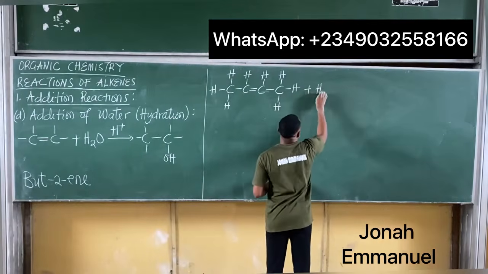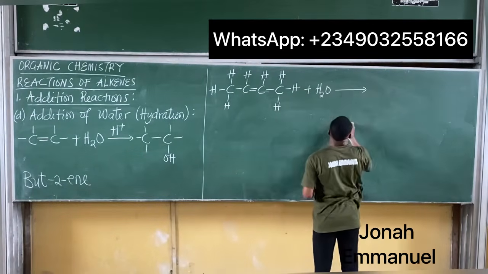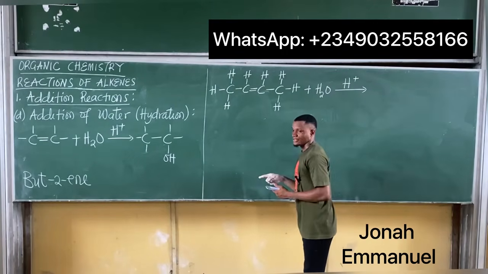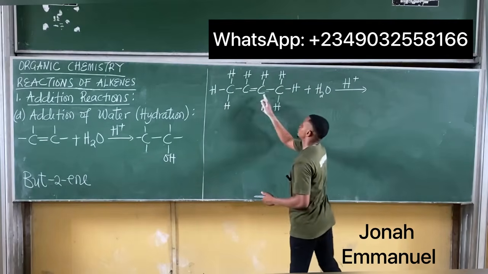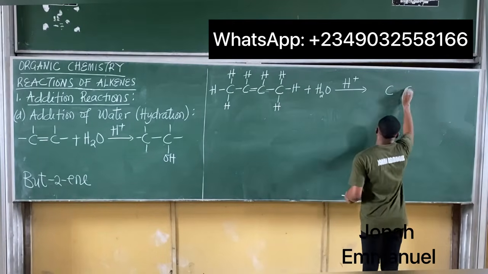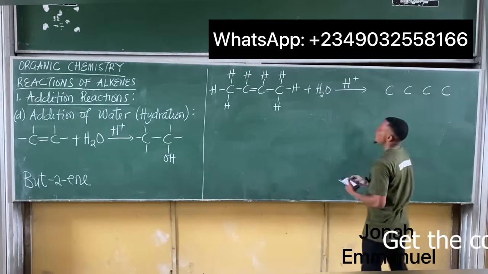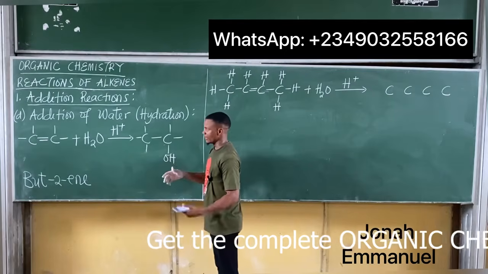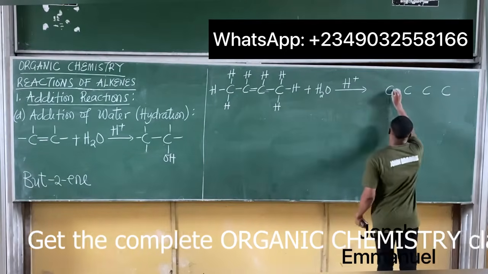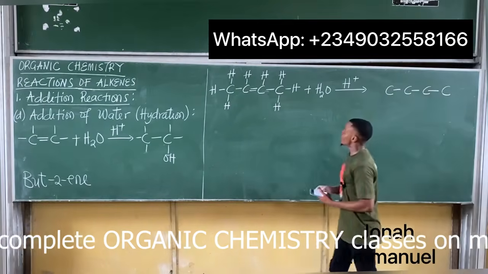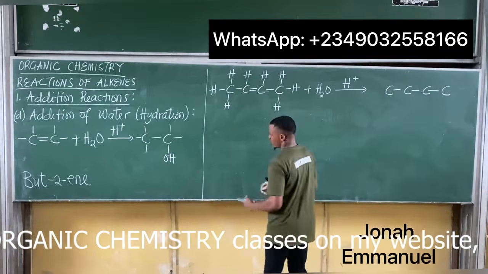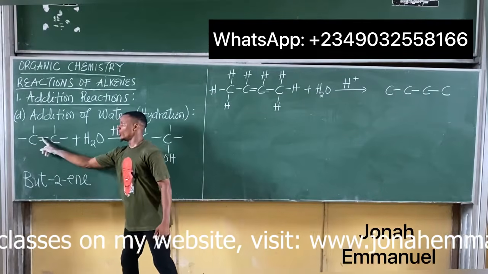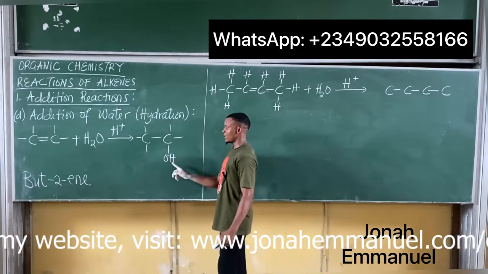Combine this with water, H2O, and hydrogen ion, H plus. What do you get? We said you have a corresponding alkane, so I have 1, 2, 3, 4. Observe that in the corresponding alkane they are singly bonded. That means it has to be a single bond. The idea will now be this: the two carbons bearing the double bond, one of them will take H, the other OH.